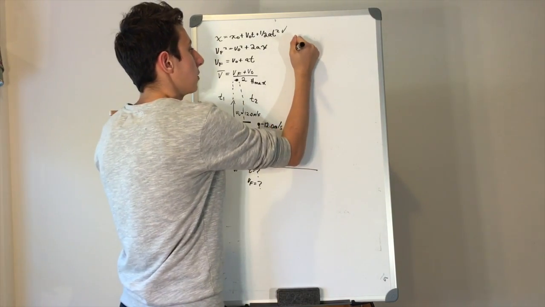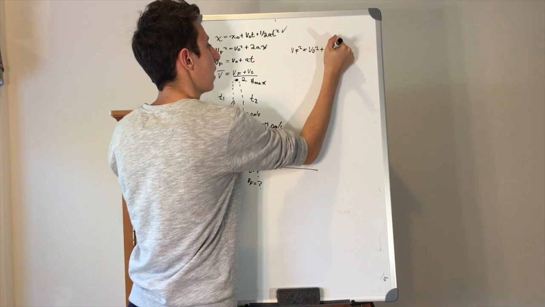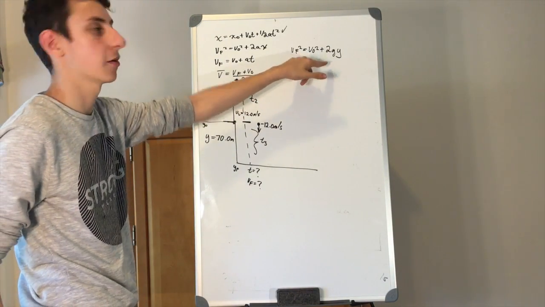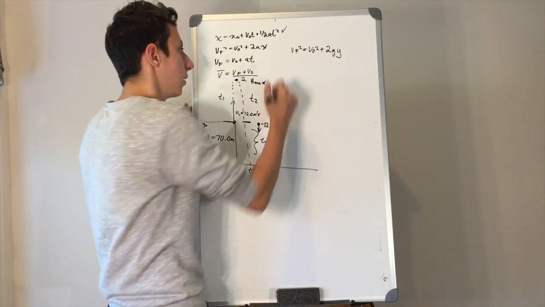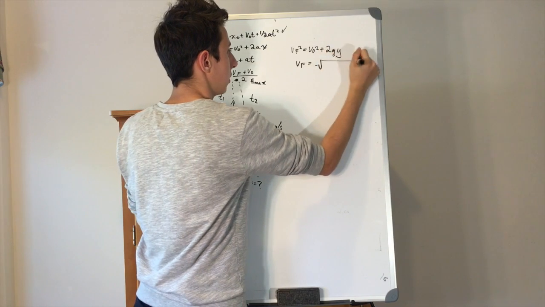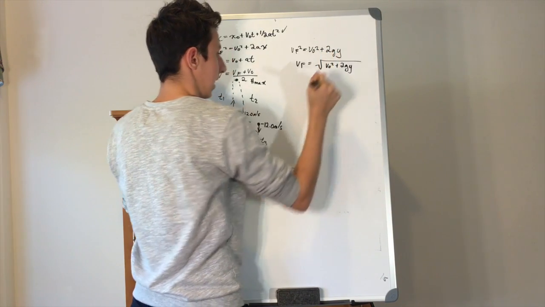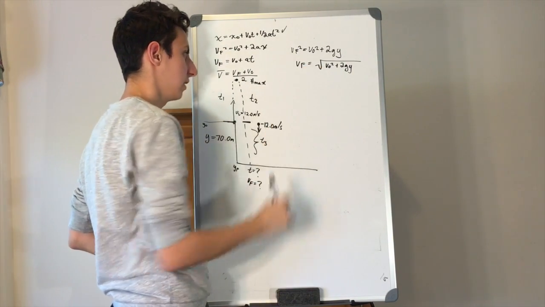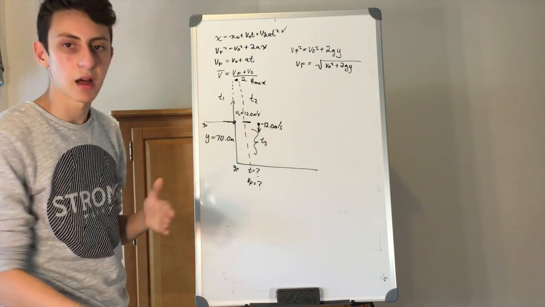We know that final velocity squared is equal to initial velocity squared plus 2gy, since now we are in the y components and the acceleration in the y direction is the gravitational constant. We have final velocity is equal to the root of v naught squared plus 2gy, and g in this case will be positive since gravity is working in the same direction as the velocity is pointing.